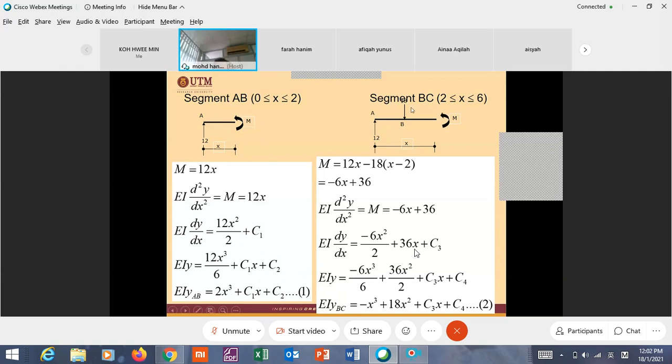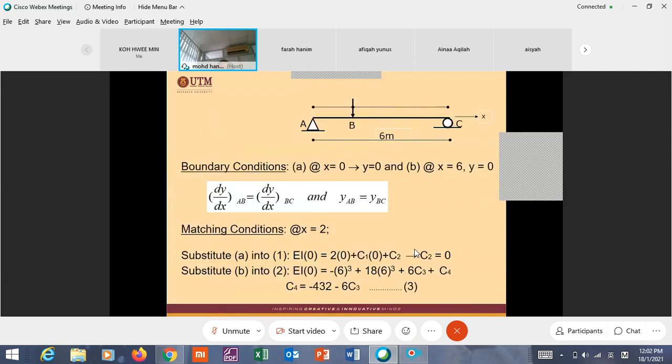But now, because we have two segments, two unknowns for segment 1 and two unknowns for the other segment. So if you have four unknown constants, that means you have to find four boundary conditions. What are the four boundary conditions?